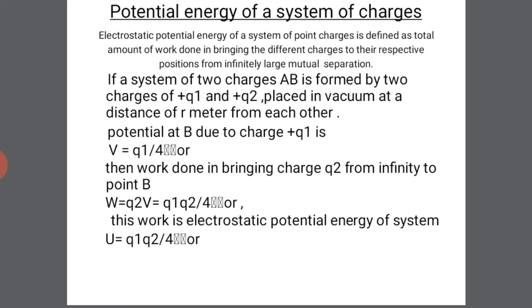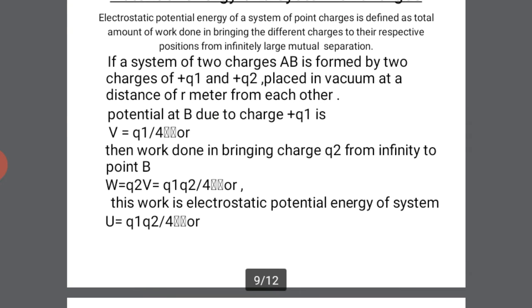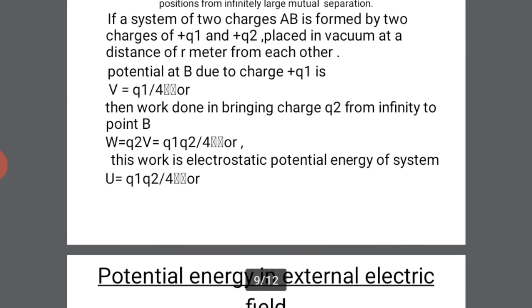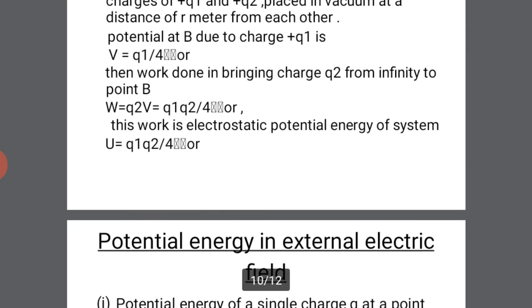Then the work done in bringing charge Q2 from infinity to point B is W equals Q2 V, which equals 1 upon 4 pi epsilon naught Q1 Q2 upon r. This work is called the electrostatic potential energy of the system, or it can be written as U equals 1 upon 4 pi epsilon naught Q1 Q2 upon r.